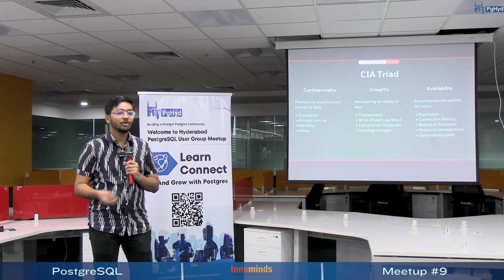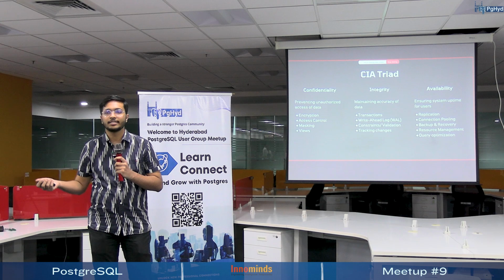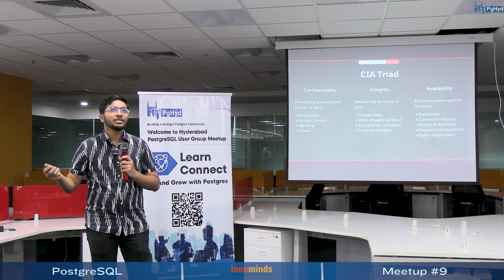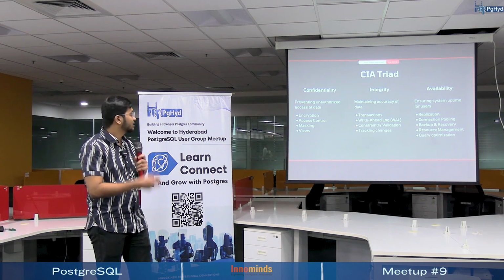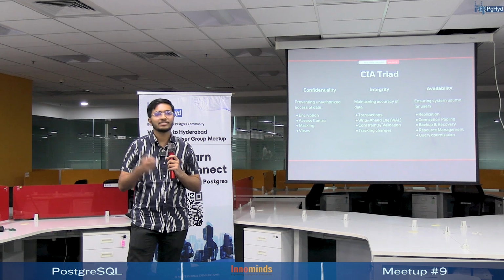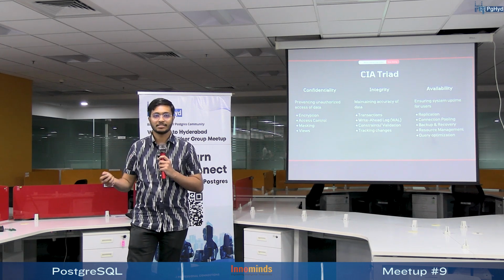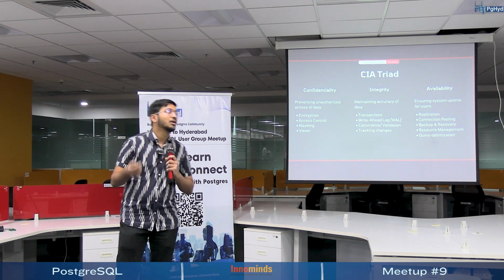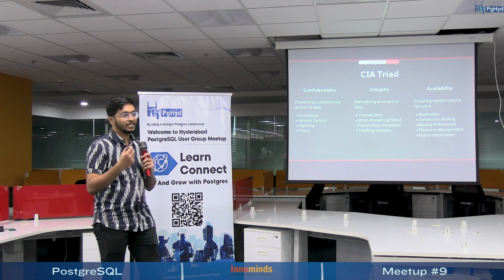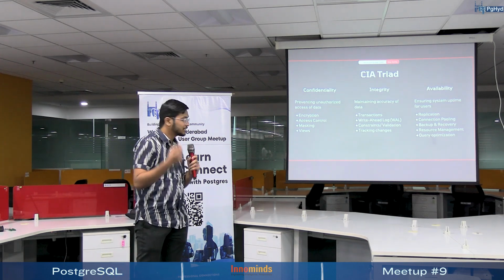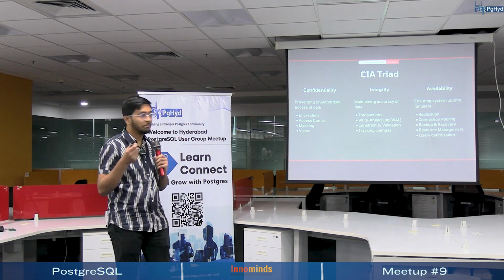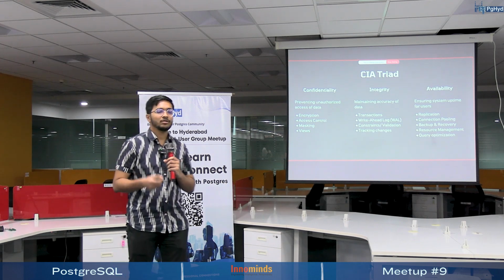Another way of saying it is, people who are not authorized to access some kind of data should not get access to it. How do you prevent it? There are different ways. You think about encryption, you think about access control, you think about masking your data, or you look at views.